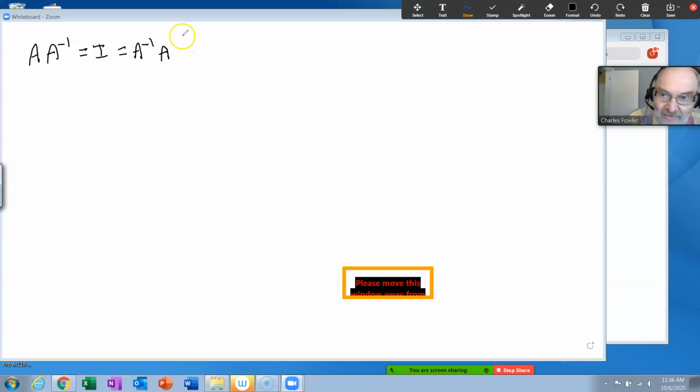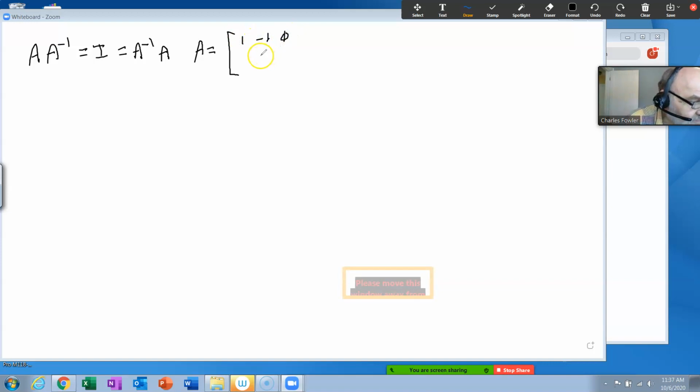Okay, the original matrix we were given, A, is equal to: 1, negative 1, 0; 1, 0, negative 1; and negative 6, 2, and 3.